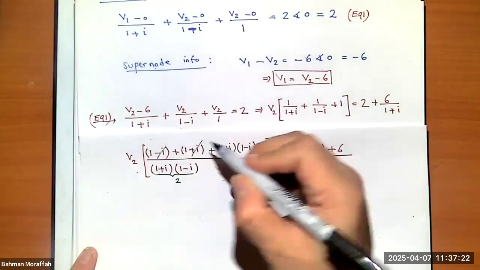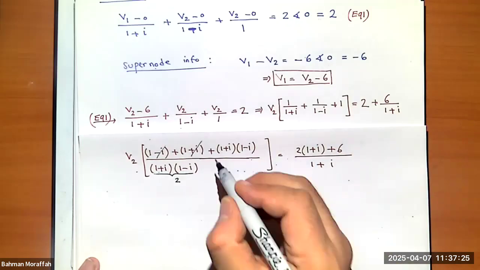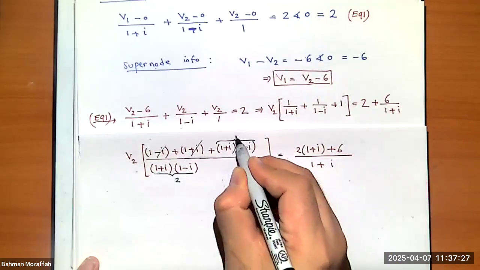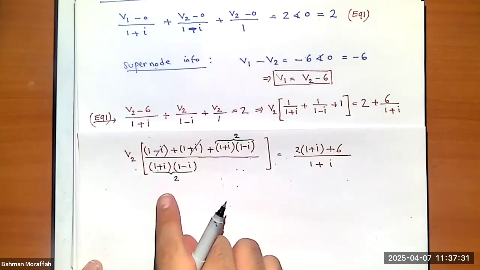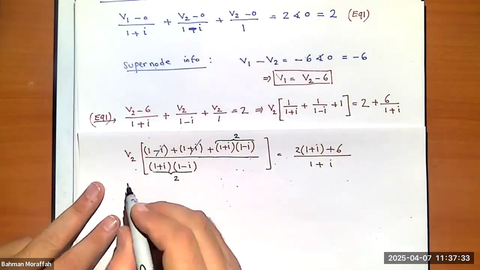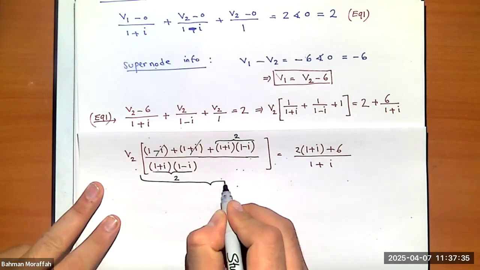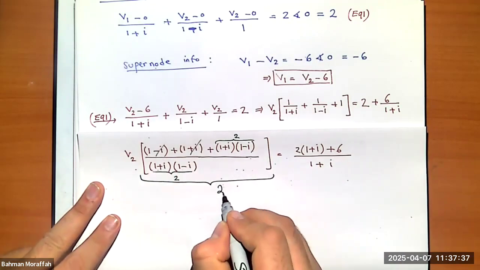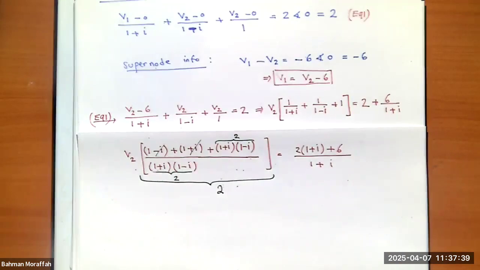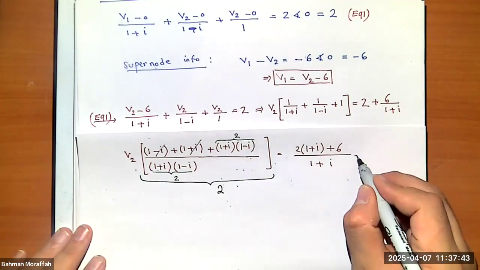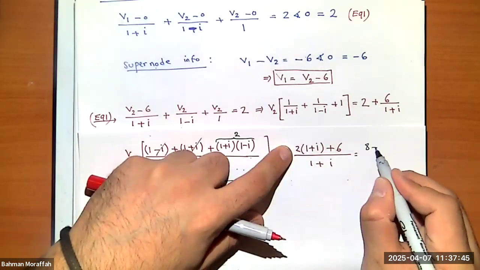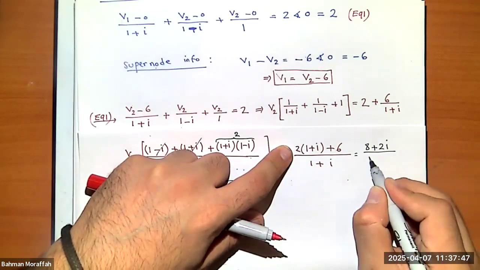This negative i cancels this positive i. Again, with the same logic, this is 2. So I have 1 plus 1 plus 2 divided by 2. So the whole thing over here is 2. It's 4 divided by 2. How about this one? What is this one? That is 8 plus 2i divided by 1 plus i.